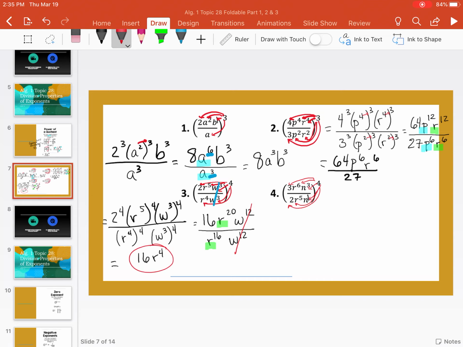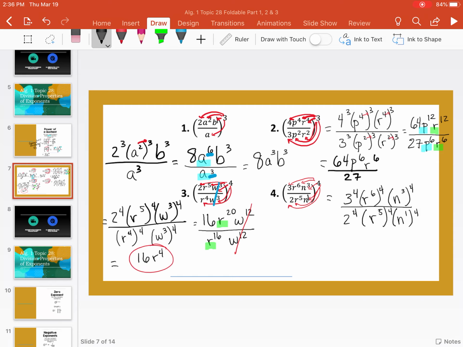And we get 3 to the 4th, r to the 6th raised to the 4th, n cubed raised to the 4th, over 2 to the 4th times r to the 5th to the 4th times n to the 1st to the 4th.